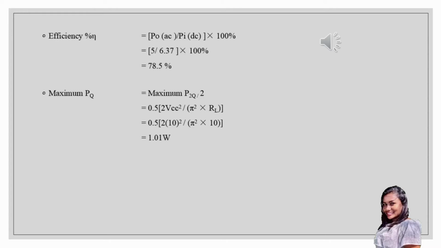To find the efficiency of the circuit, the formula is P out over Pin times 100. So 5 over 6.37 times 100 is equal to 78.5. To find the maximum power dissipated, the formula is maximum power dissipated over 2. So 0.25 times VCC squared over pi squared times RL is equal to 1.01.